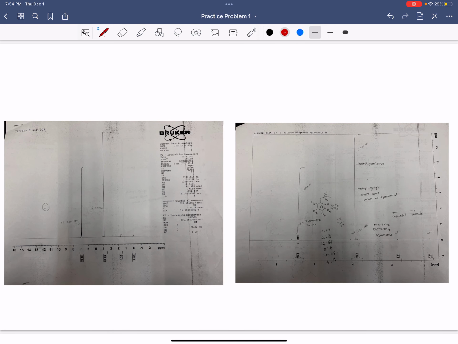On the left side is the zoomed out version, and on the right side is the zoomed in version of the two peaks that I saw on the NMR. So there is a peak at around 7 ppm, which indicates the presence of a benzene ring, which confirmed the IR suspicions. That's shown here.